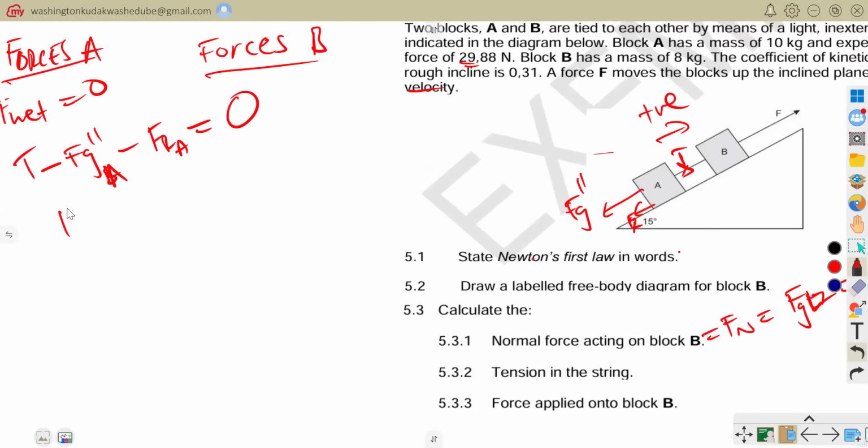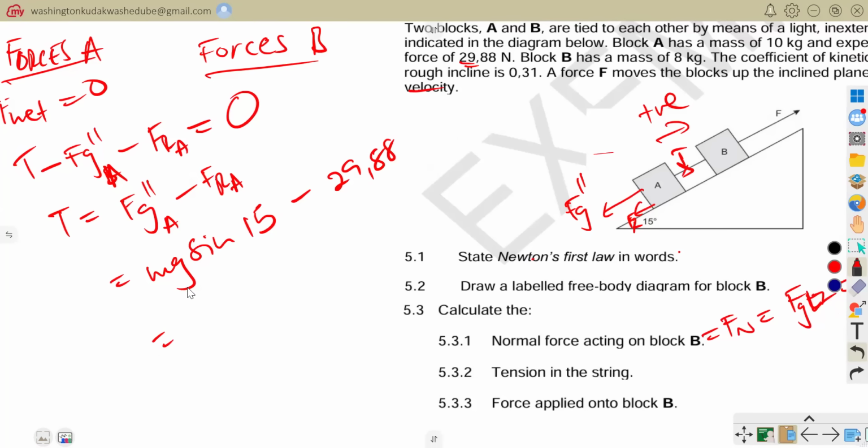So I would say my tension there can be equal to Fg parallel on A plus the frictional force on A, where this is equal to mg sine of 15 plus 29.88.